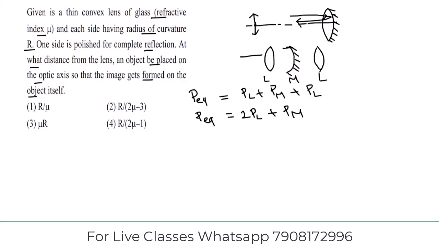That's why it is taken twice PL: the ray goes through the lens, then reflects from the mirror, and then again goes through the lens. That's why it is PL plus PM plus PL.